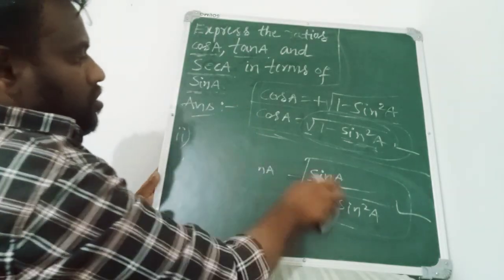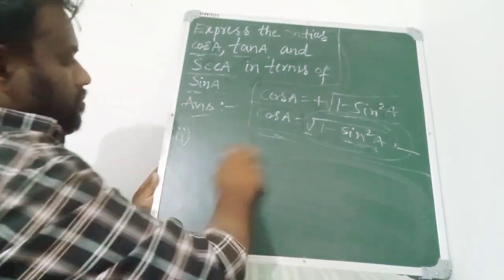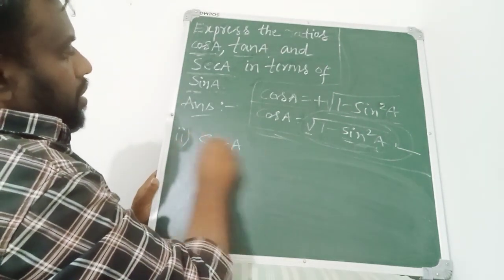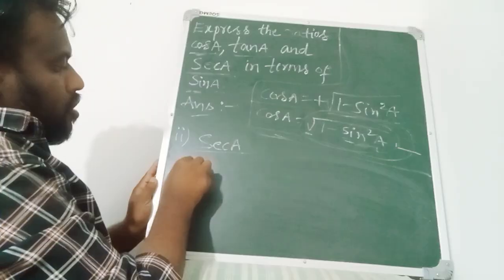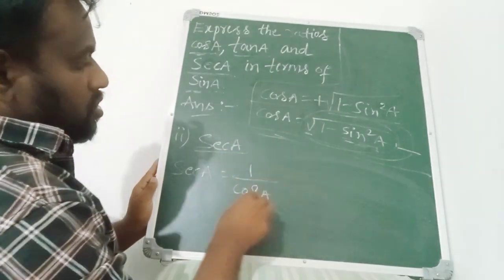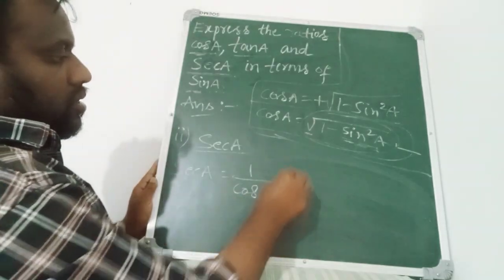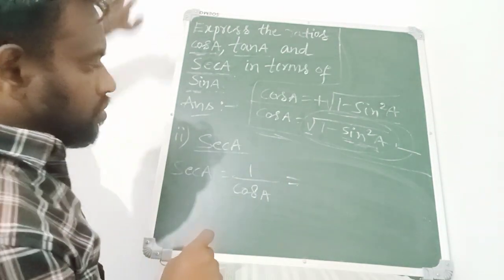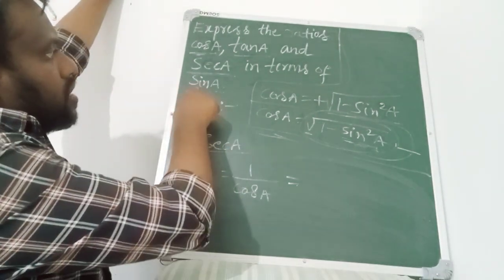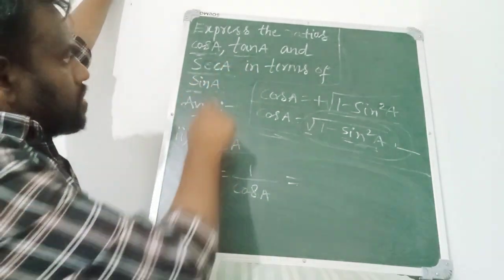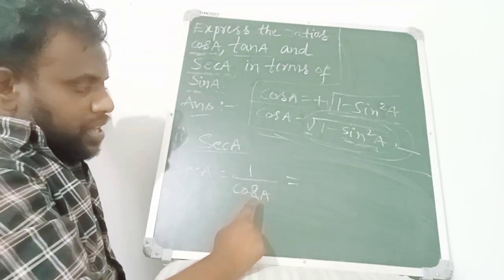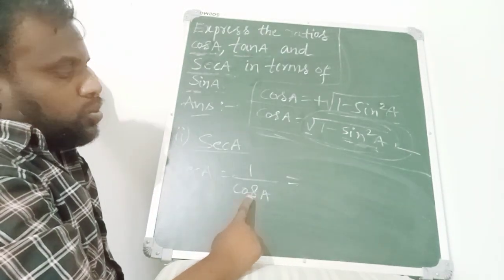I'll just erase. So secant A. We have a formula for secant A. So we have 1 by cos A. The question is asking that this secant A should be in terms of sin A only, but here we have cos A. So we have to change this cos A. How to change?